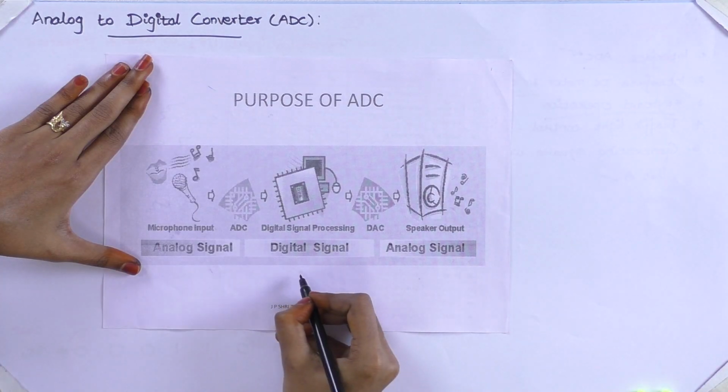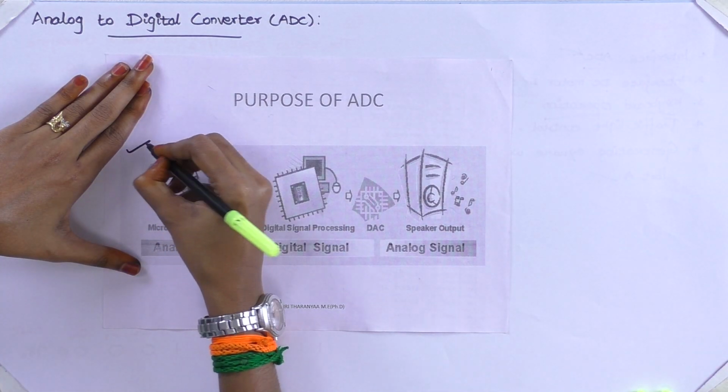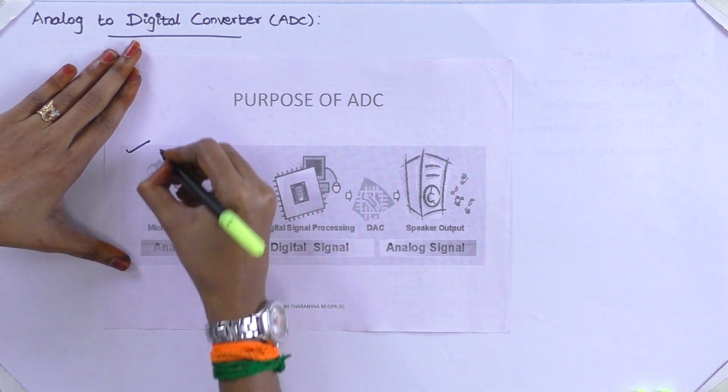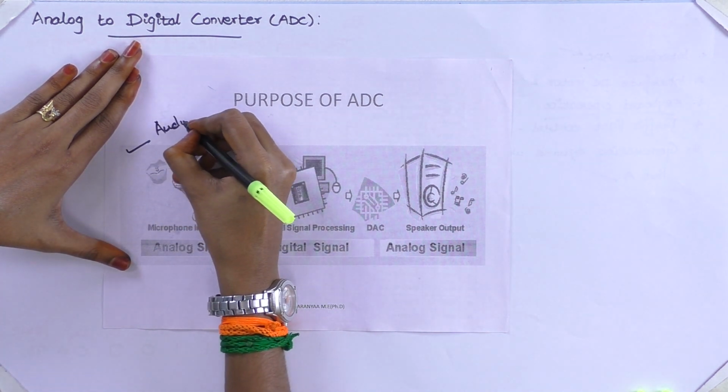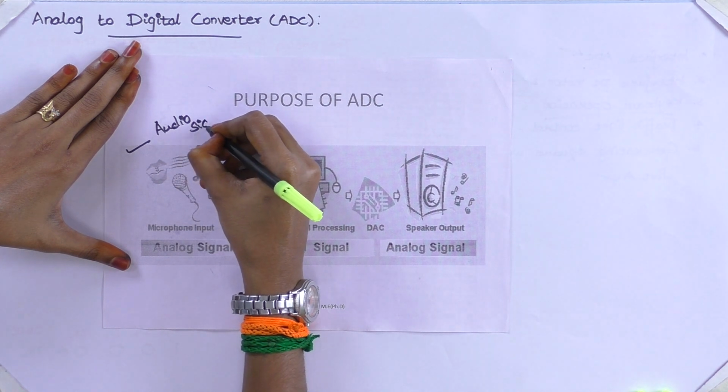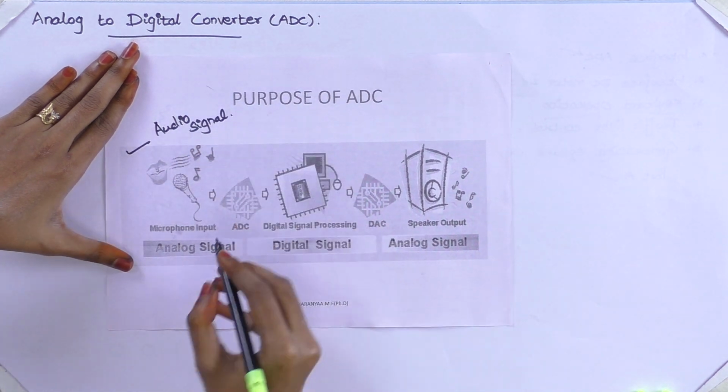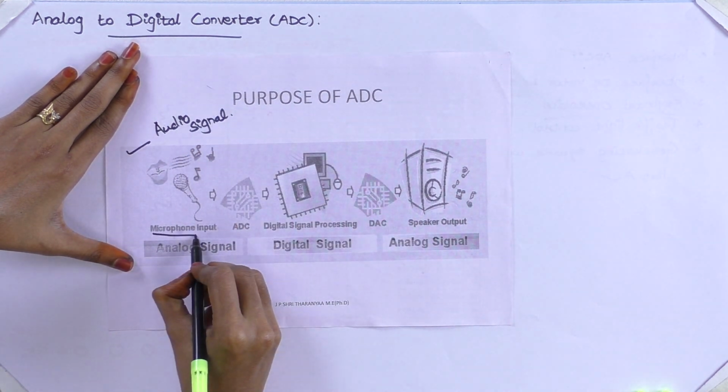First we will see the purpose of it. As I have already told you, the real time signals are in the analog form. We can't process them as they are, so we convert that analog signal into a digital signal. Here I have taken an example where you are going to process an audio signal. The audio signal you will get from the microphone as an input.